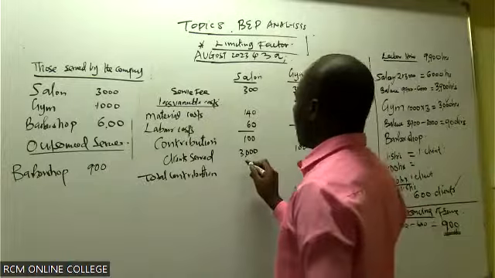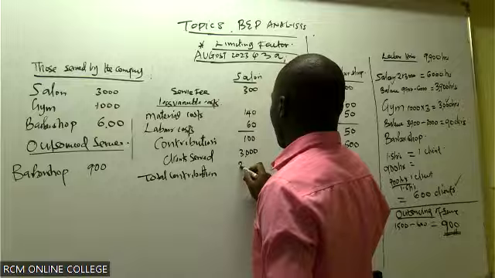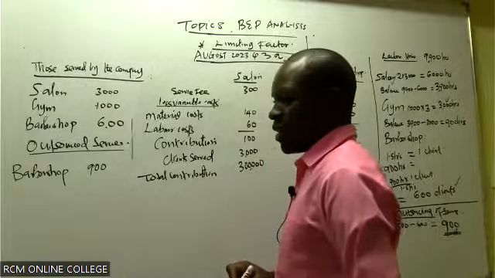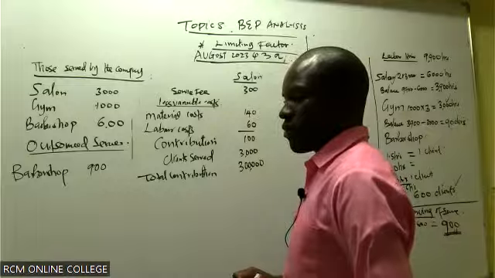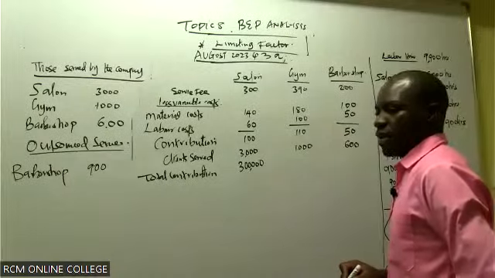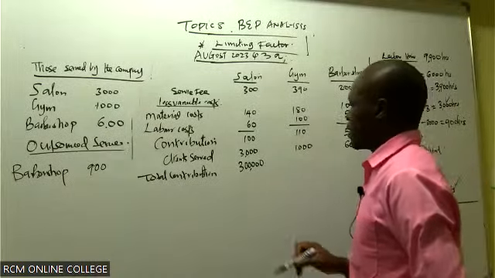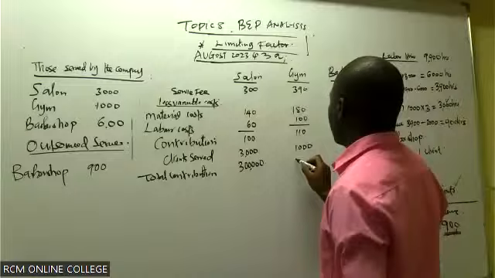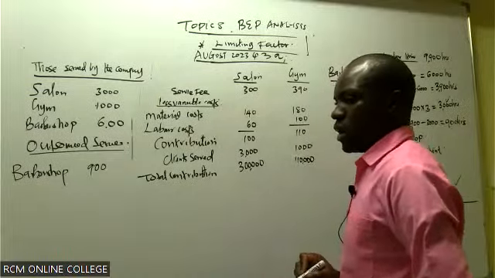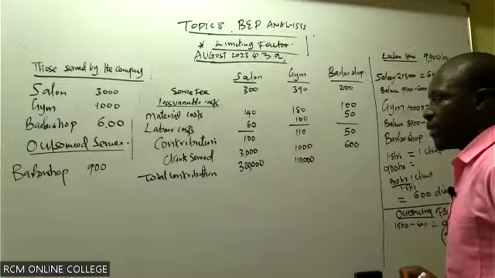So here I will be having 300,000. Is it? Confirm, please. Here I'll be having 110,000.